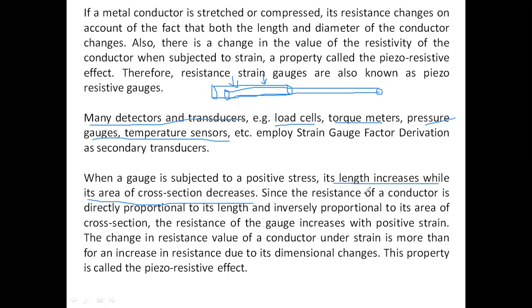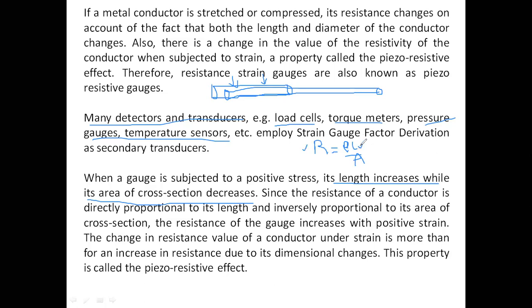Since the resistance R equals rho L by A, the resistance of a conductor is directly proportional to length and inversely proportional to area. Means if length increases, R increases.